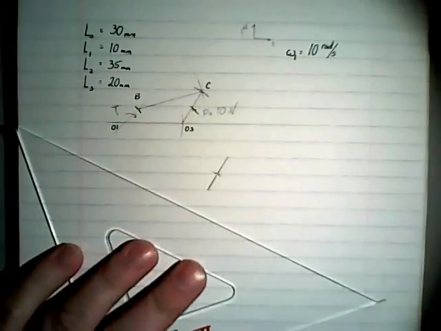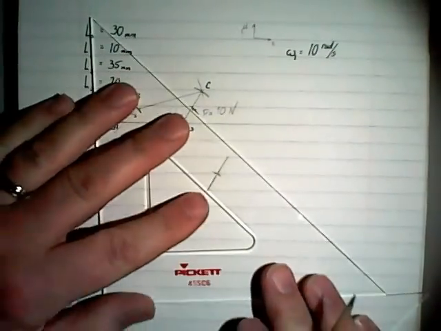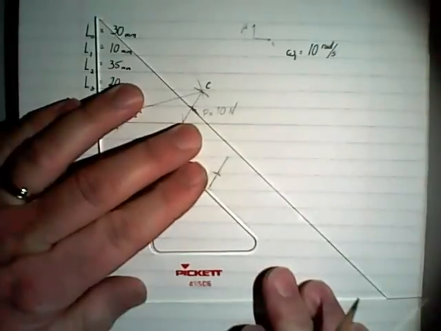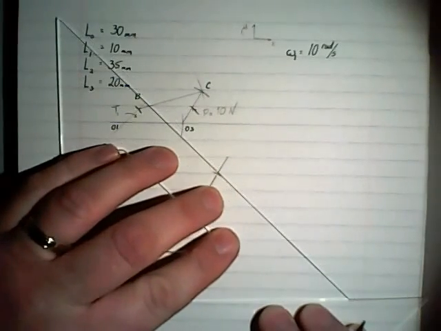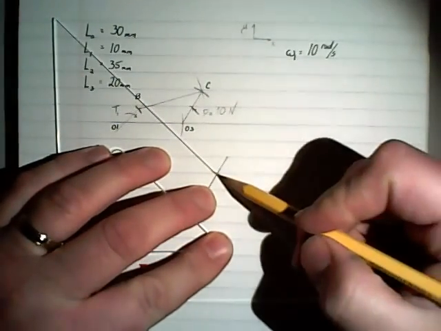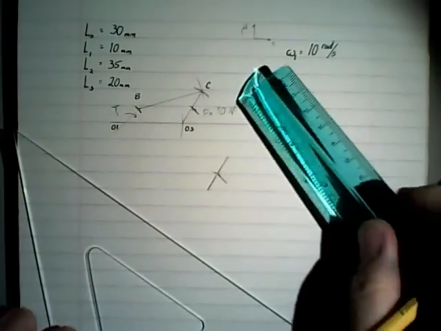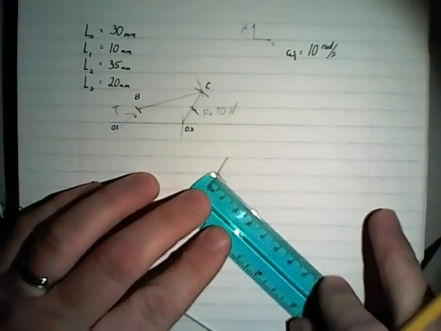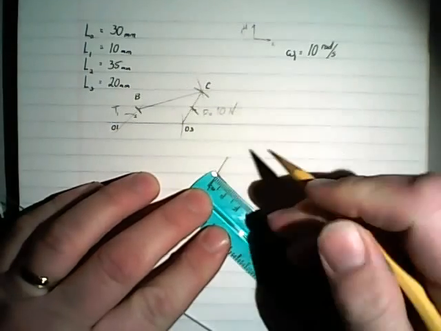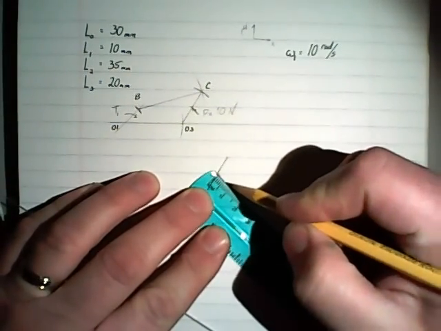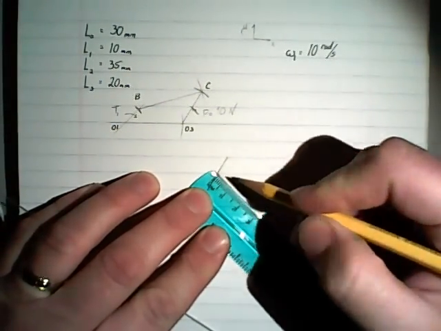That's where the line intersects. And I lay a triangle atop that vector and slide it over until I can draw a line in. This says it's 10 newtons, so I'll go ahead and set the length of that vector to 10 millimeters.